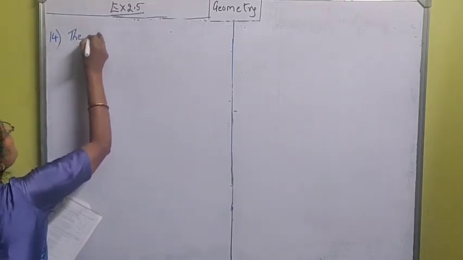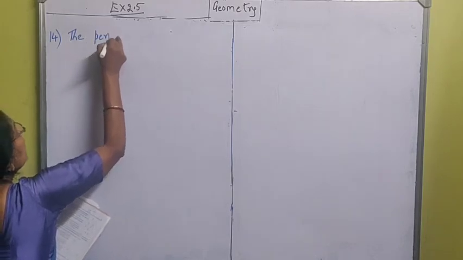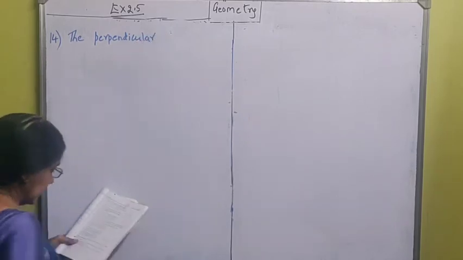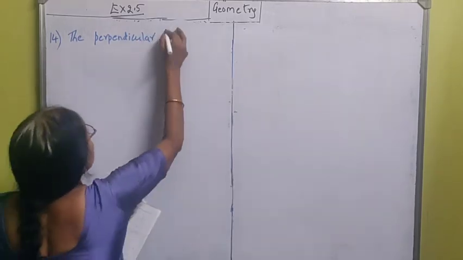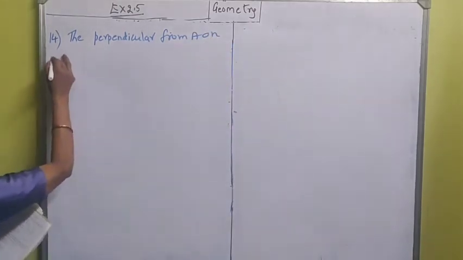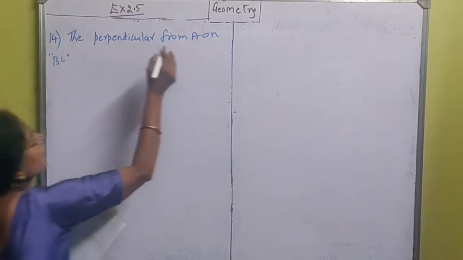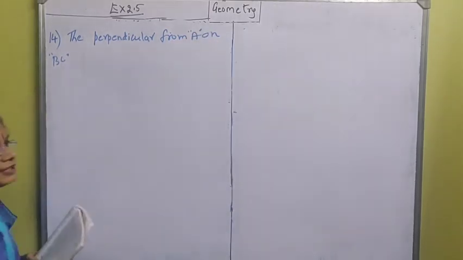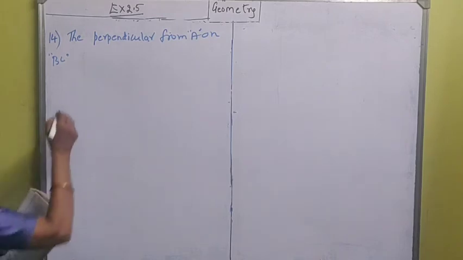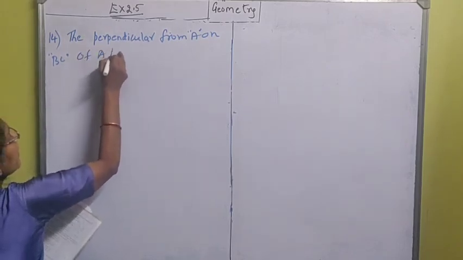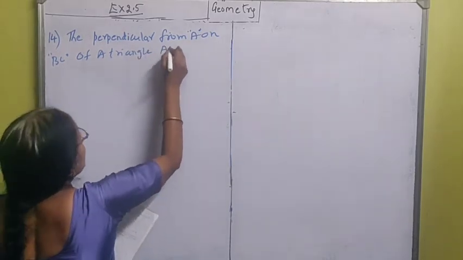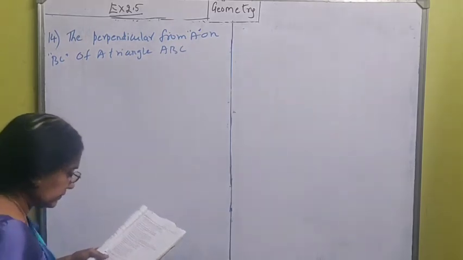The perpendicular from A on BC. So from A, a perpendicular is drawn on BC of a triangle ABC.